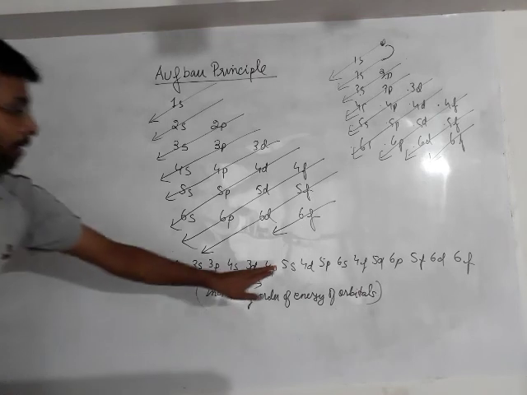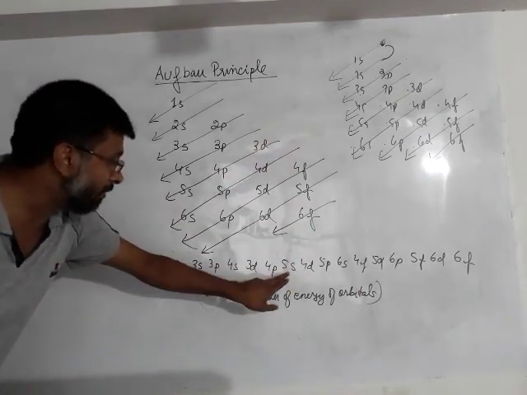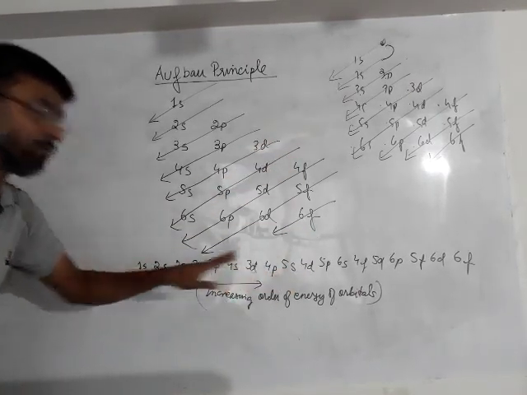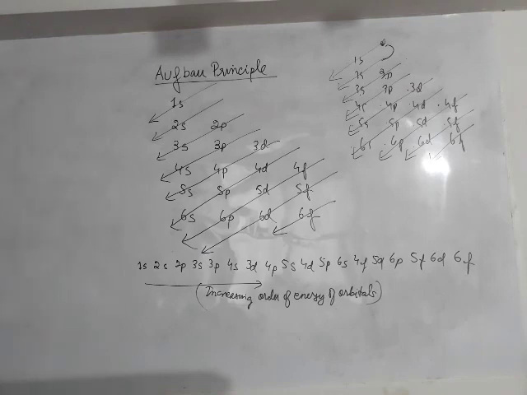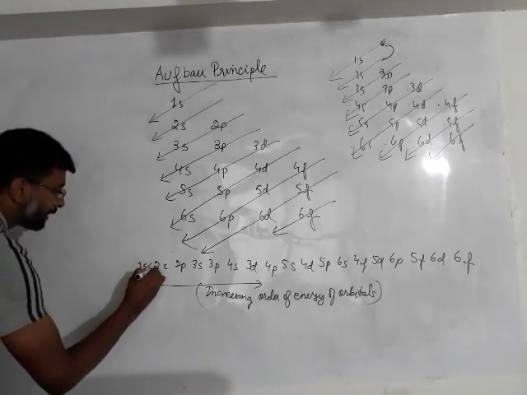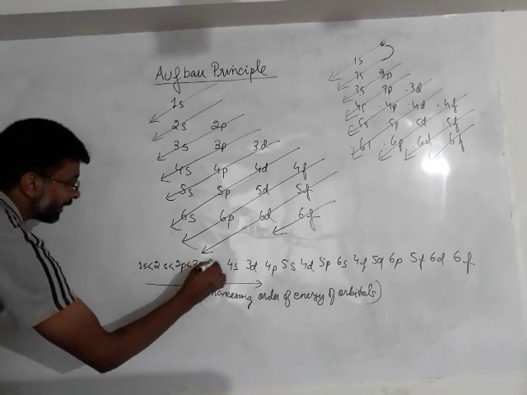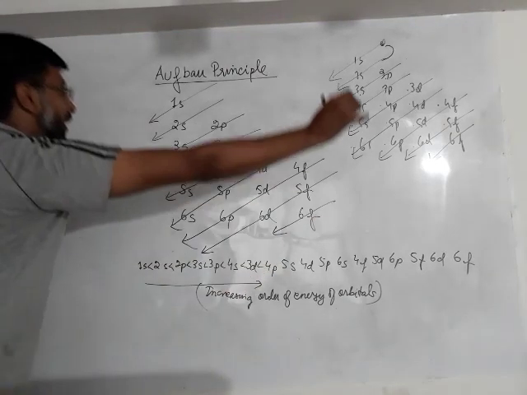That means 4d has higher energy than 5s, and 5s has higher energy than 4p, and so on. So we can put a less than symbol between them, right till the end over there.